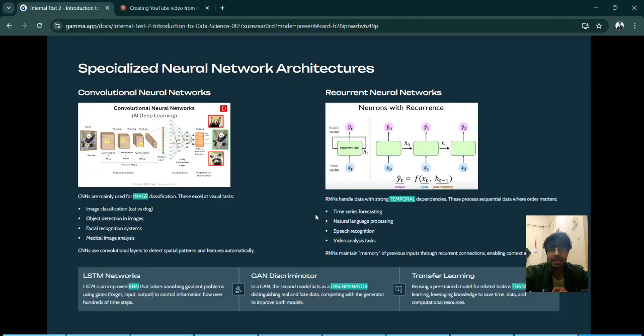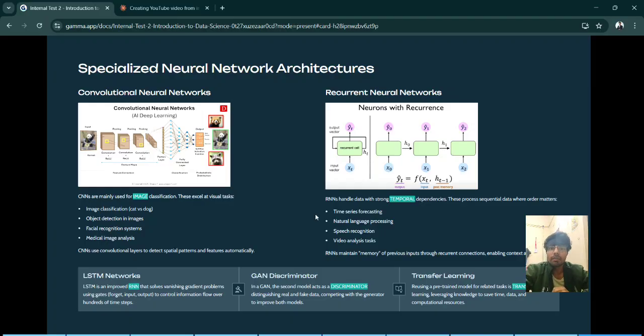So the answer is RNN or recurrent neural network. Long short-term memory networks solve a critical memory problem with standard RNNs, the vanishing gradient problem. Standard RNNs struggle to learn long-term dependencies because gradients diminish over many time steps.